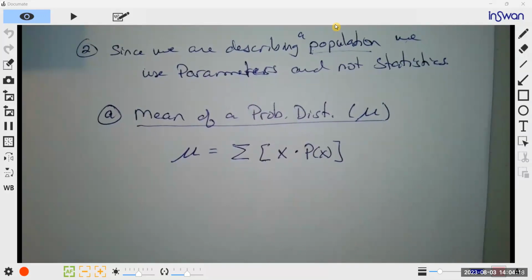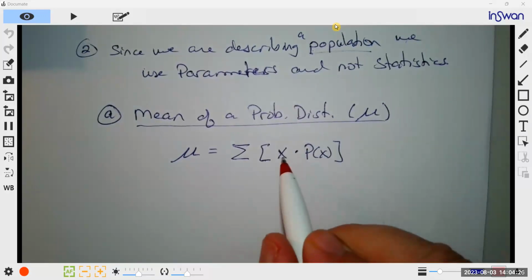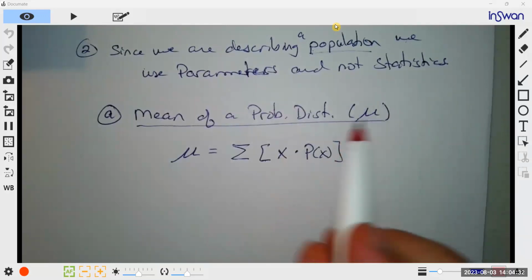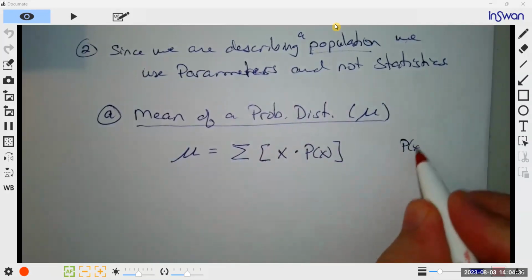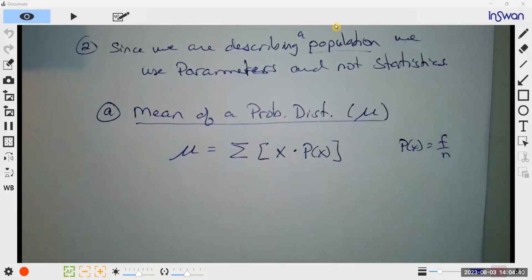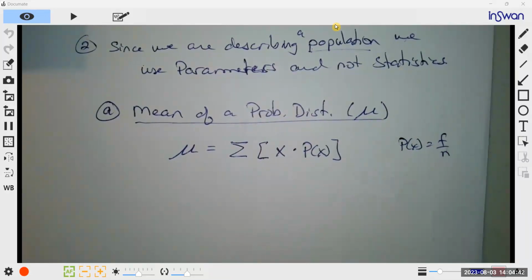Remember, when we use the frequency chart to find the mean of the frequency chart, we took the value itself times the frequency and divided by how many we have. And that's exactly what this is all about. Because remember, probability is frequency over n. So these are all taking that in consideration already.